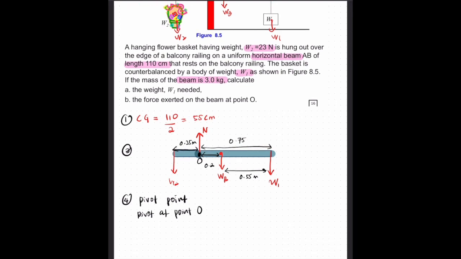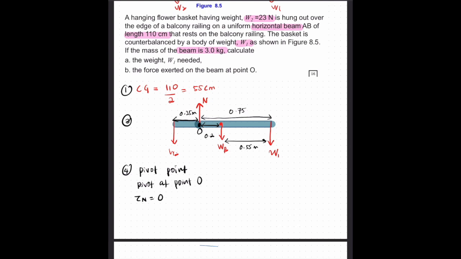Then, after the pivot point, what you need to do is find the perpendicular distance to all the forces. For this one, the N force is parallel to D. Means that for N, when we put the pivot point at O, torque at N is equal to 0. For force WB, from the axis of rotation to force WB, here we have the perpendicular distance, and this is our dB.